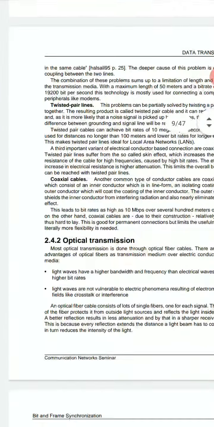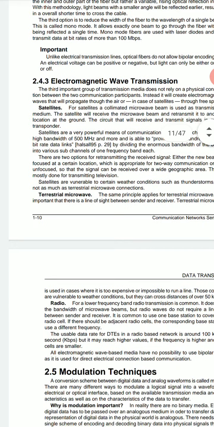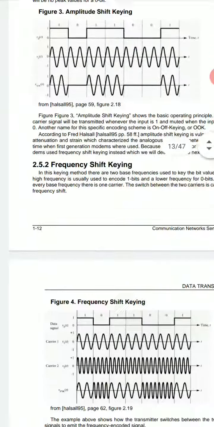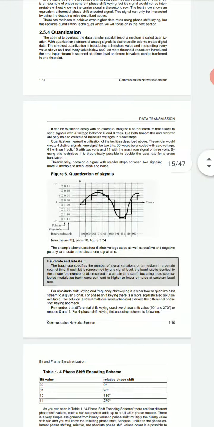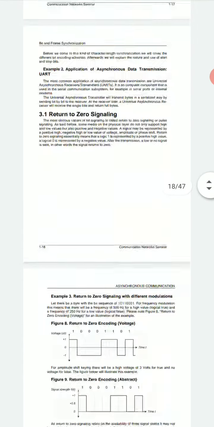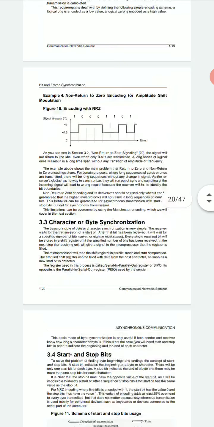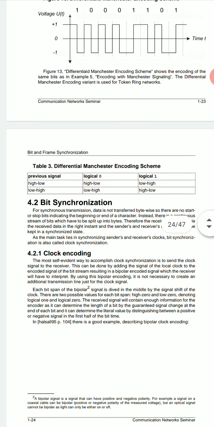So now we want to see about clock synchronization. When we are talking about synchronization, we want to see bit and frame synchronization. First, the bit synchronization. The different types of line encoding we have already seen, that's why I have skipped that.